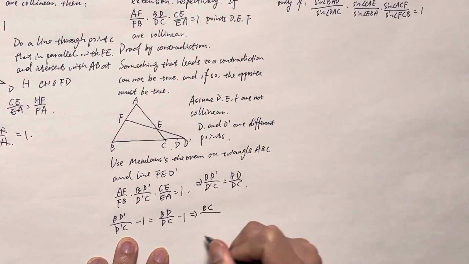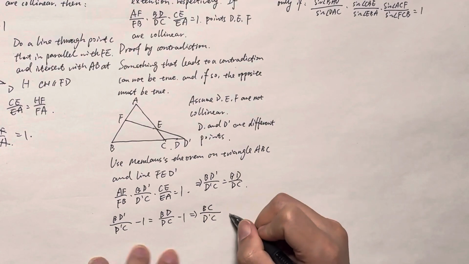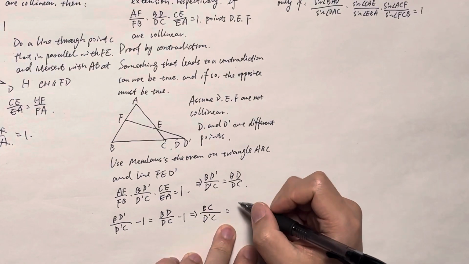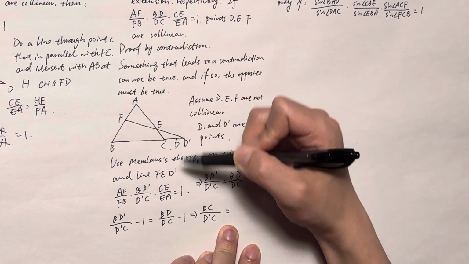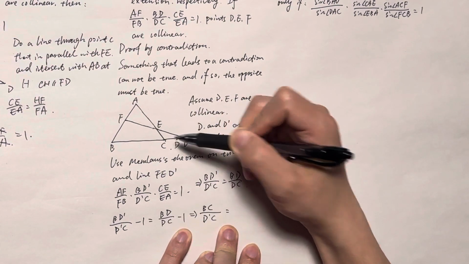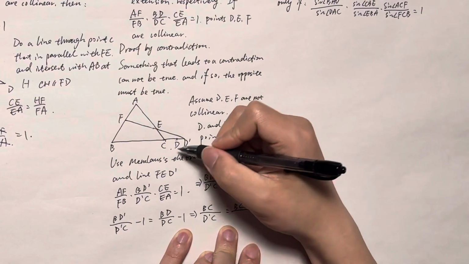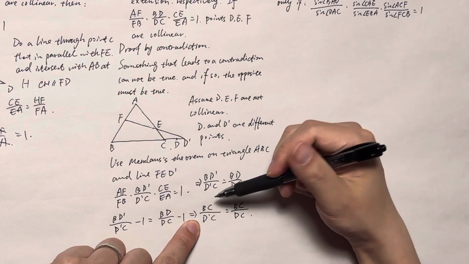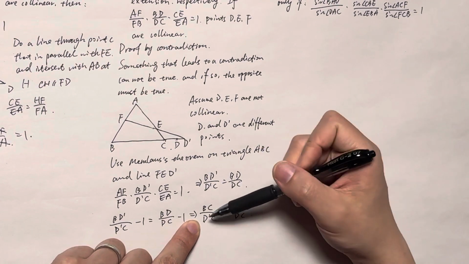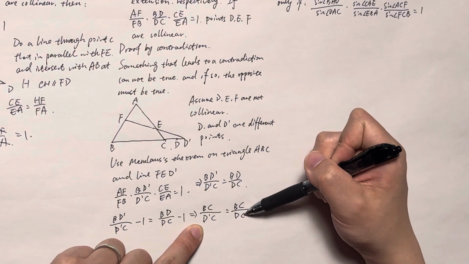So BC divided by D prime C should equal BD minus DC, that's BC, divided by DC. This is true because BC equals BC, so D prime C equals DC.